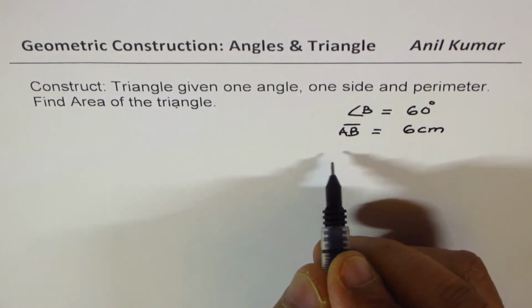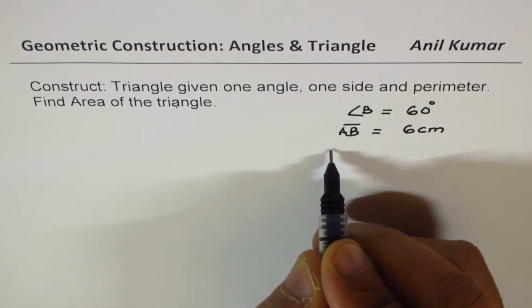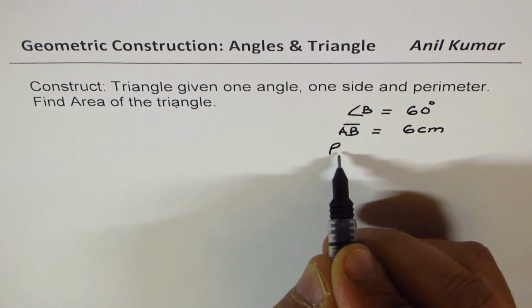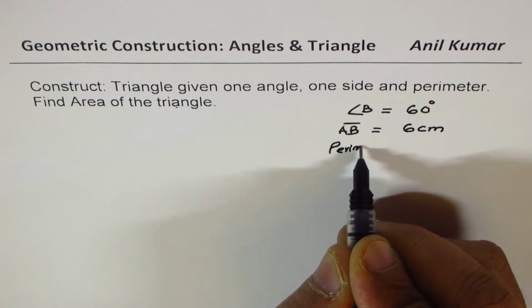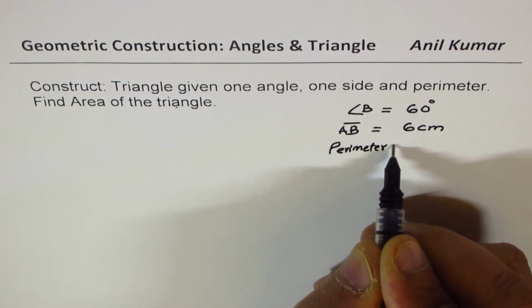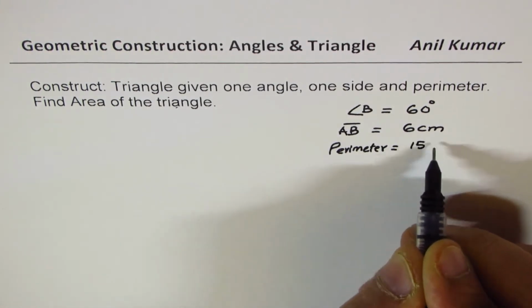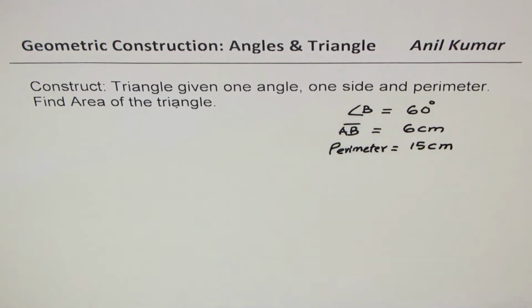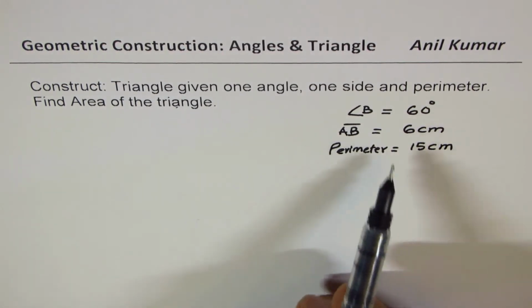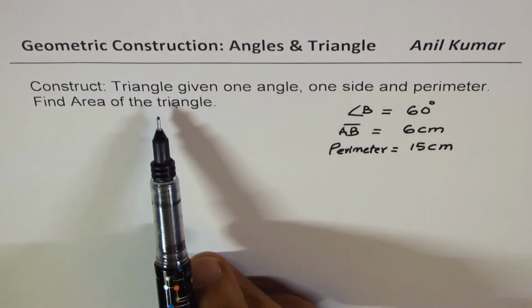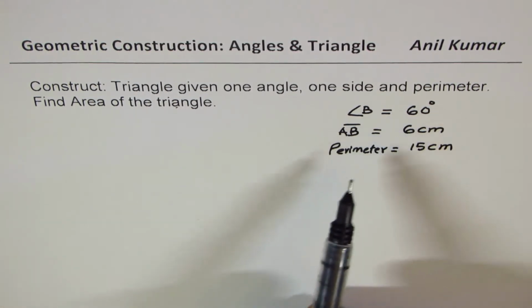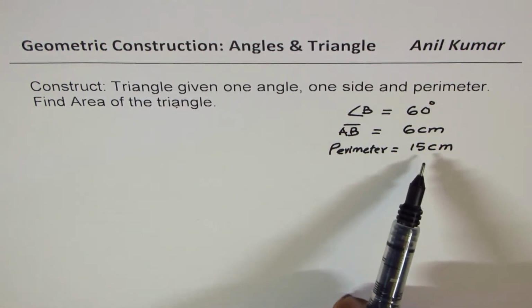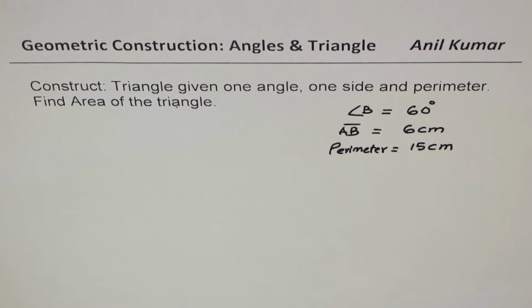And for a triangle ABC, we get the perimeter, let's say P, is, let us say, 15 centimeters, right? Let us say all this is given to us. We need to now construct a triangle with the given side and angle and perimeter of 15 centimeters. So that's the critical part which we'll learn in this particular video.